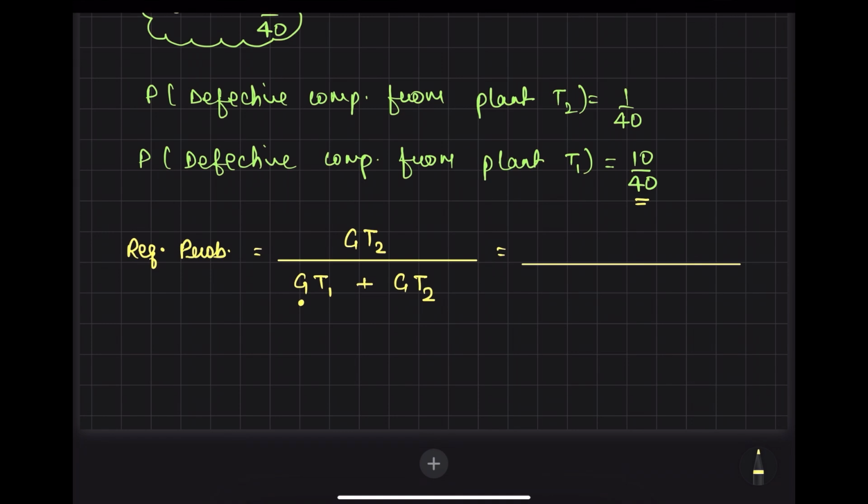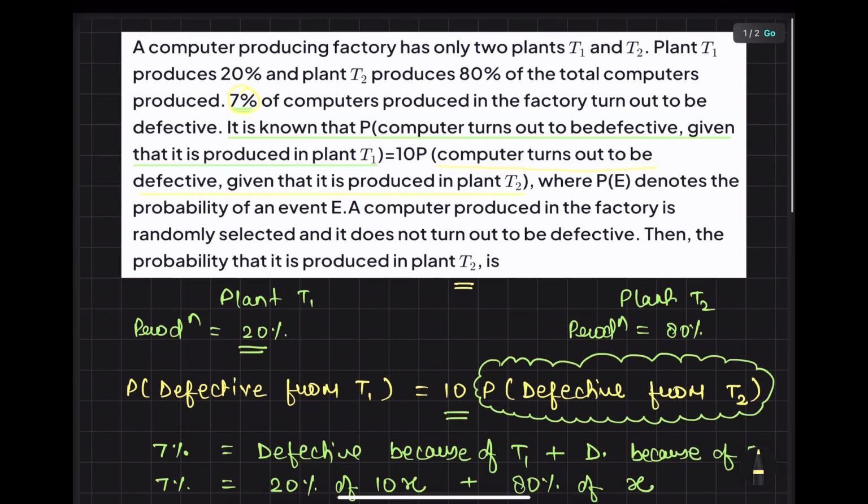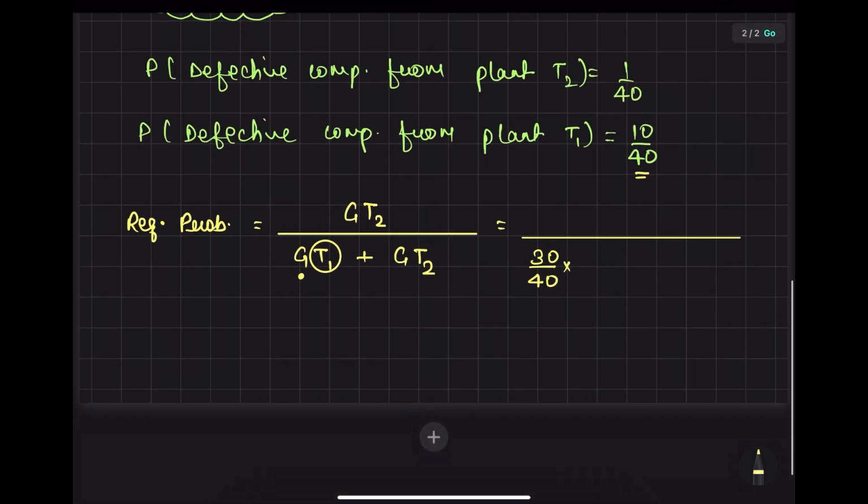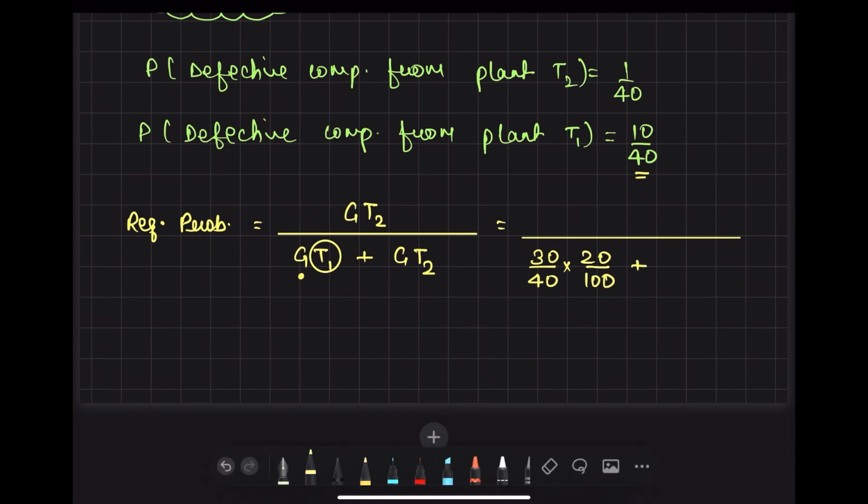So good will become 30 by 40. Now in plant T1 you have produced how many computers? It is 20% of the computers, so it is 20 by 100.